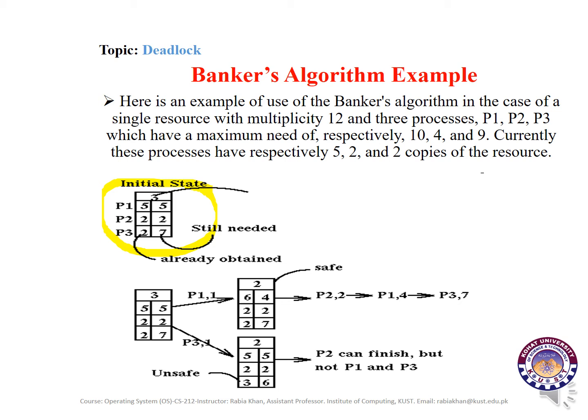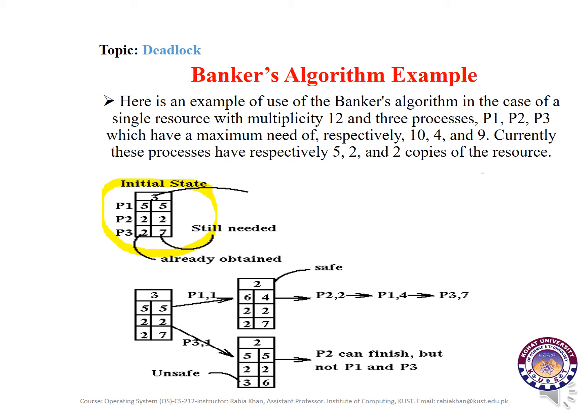Now let's see how the operating system ensures a safe sequence and when the sequence goes unsafe. As you can see in the highlighted table, the remaining needs are mentioned after initial assignments to processes, and the remaining instances of the resource are also mentioned. The system has 3 available instances of the resource which can still be distributed among processes.